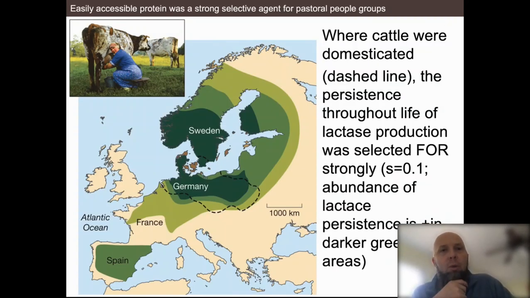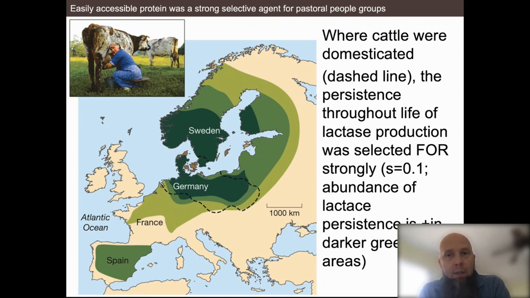Now, we've got some really cool examples of this type of selection happening in the natural world, and this is actually within humans. As you're probably aware, humans are unusual in that they continue consuming milk well into adulthood as mammals. That's pretty uncommon. What's interesting is that we can trace this back to pastoral societies in which cattle were domesticated in Northern Europe, in the area demarcated by the dashed line.